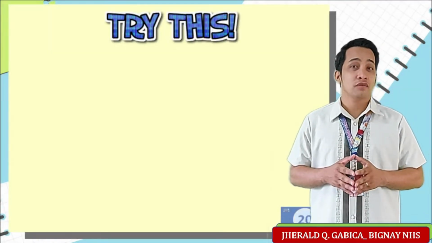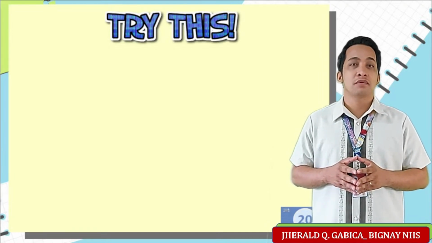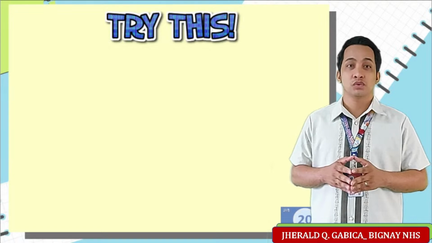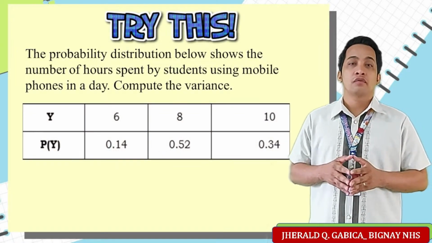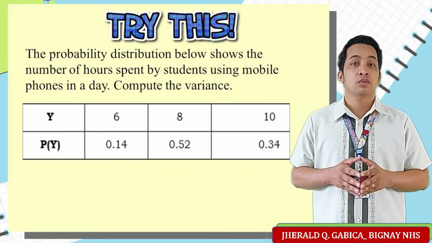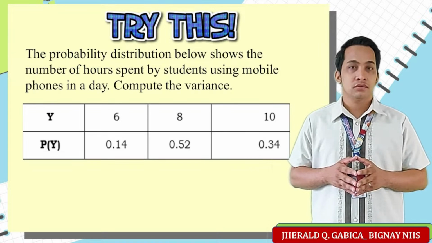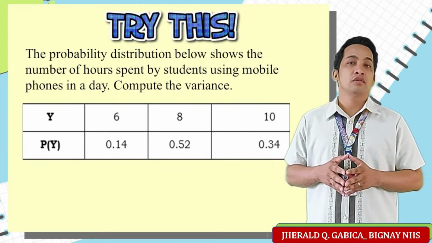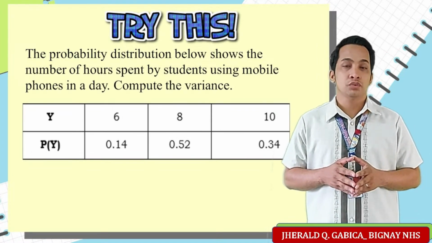Now, let's apply what you've learned in our lesson today. The probability distribution below shows the number of hours y spent by students using mobile phones in a day. In the table, for the value of random variable y equal to 6, the probability is 0.14. For the value of random variable 8, the probability is 0.52.